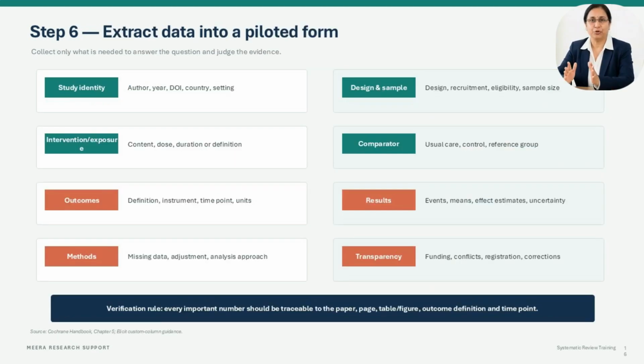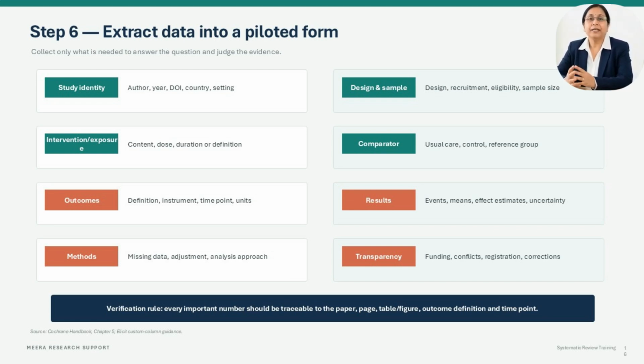The extraction form should be designed and piloted before extracting all studies. It normally includes citation details, study design, setting, eligibility, participant characteristics, intervention or exposure, comparator, outcomes, time points, numerical results, analytical methods, funding, and conflicts. Each numerical field should define the expected unit and format.